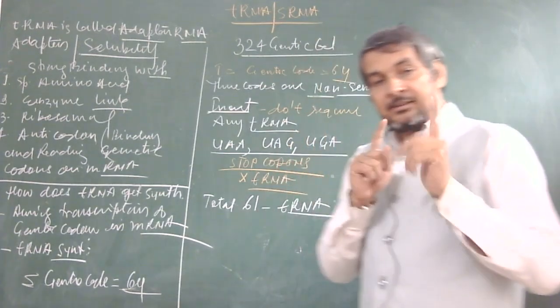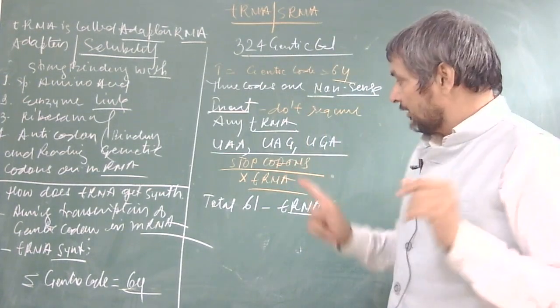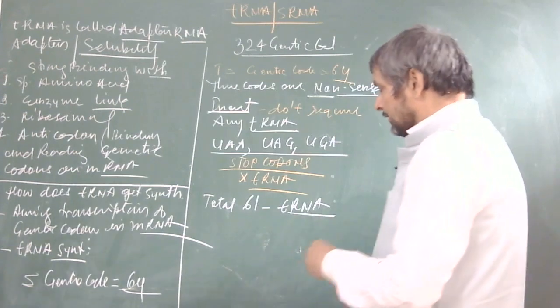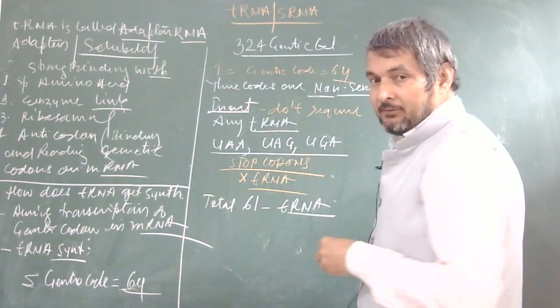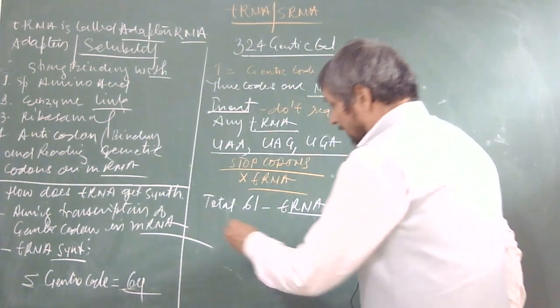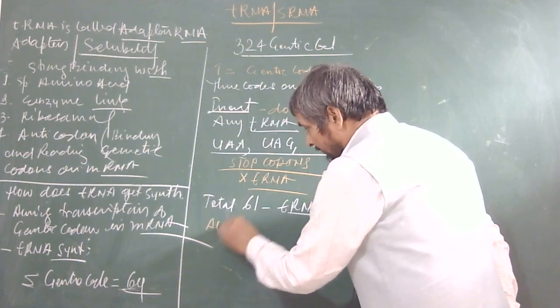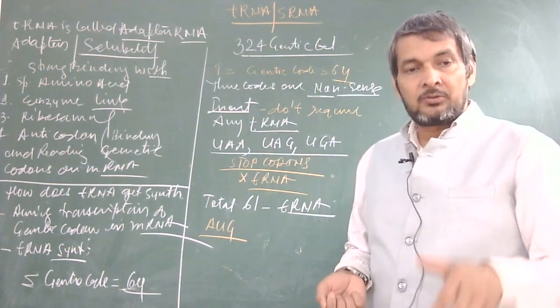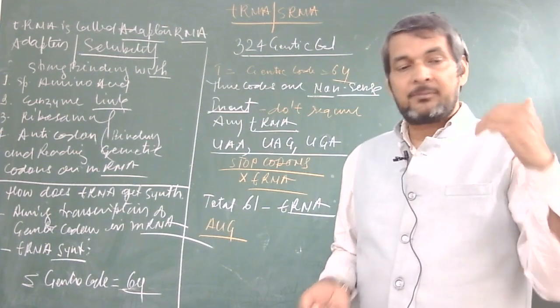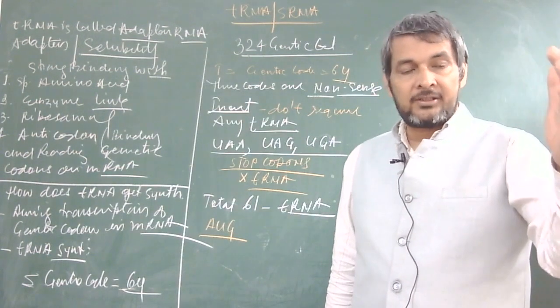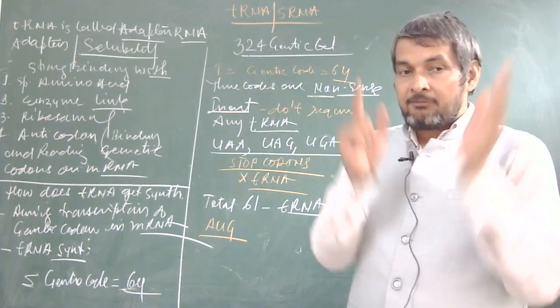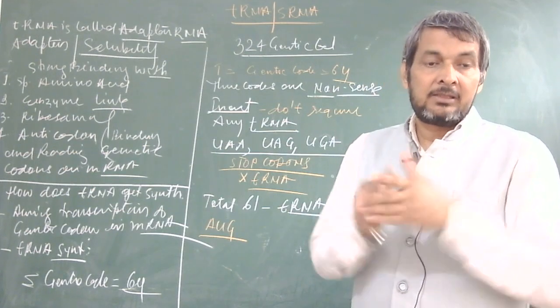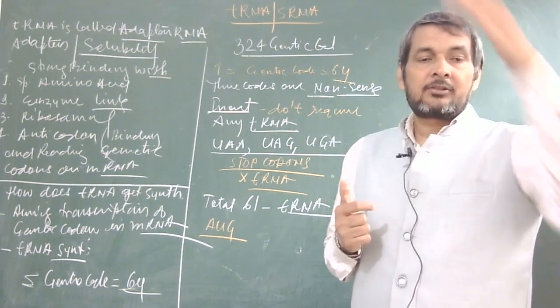So only 61 types, and among these 61, one transfer RNA will be the initiator. That is AUG. The genetic code AUG stands for the picking of an amino acid. Methionine is the first amino acid that will start the translatory mechanism.